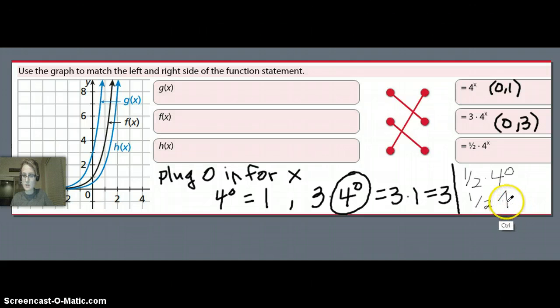That 1 is kind of ugly, isn't it? But we know what it says, which is equal to just 1/2. Okay, so here our final point, we plug 0 in for x, we get 1/2.